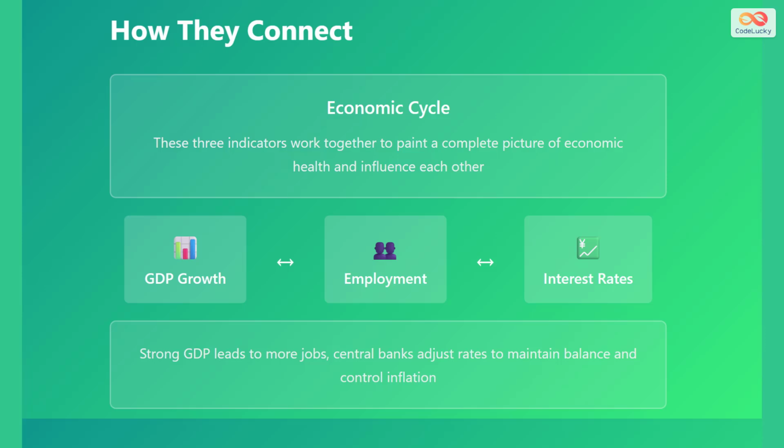Central banks then monitor this growth and adjust interest rates to maintain balance and control inflation. If the economy grows too quickly, raising interest rates can cool things down. If it's sluggish, lowering rates can stimulate activity. Understanding these connections helps you anticipate how one economic change might ripple through to affect your finances.